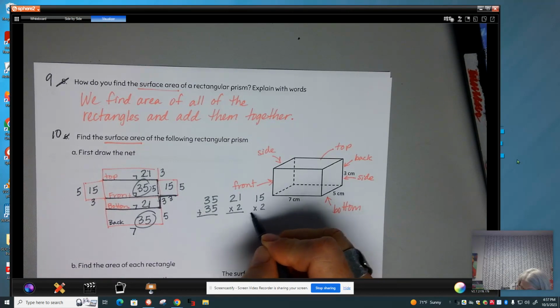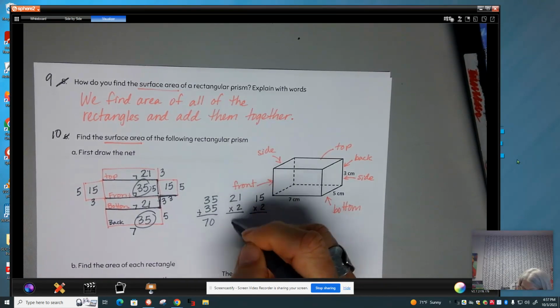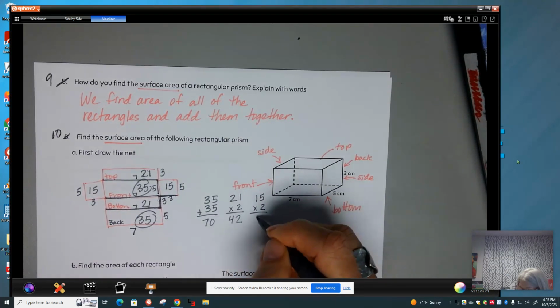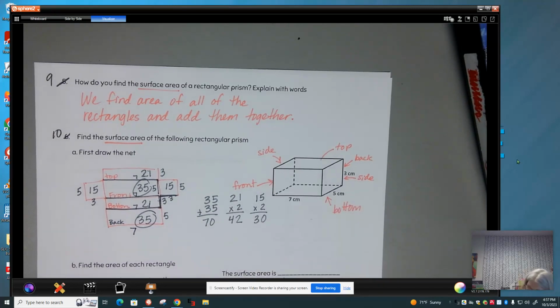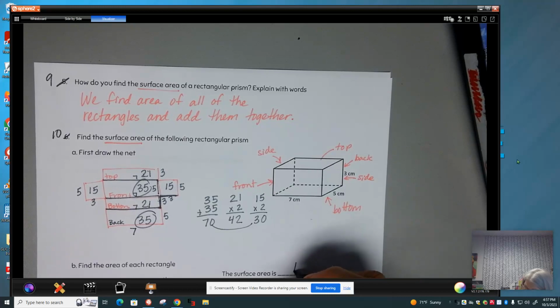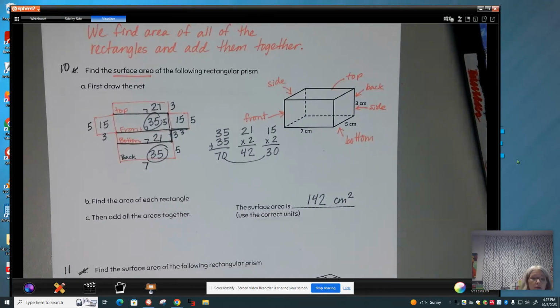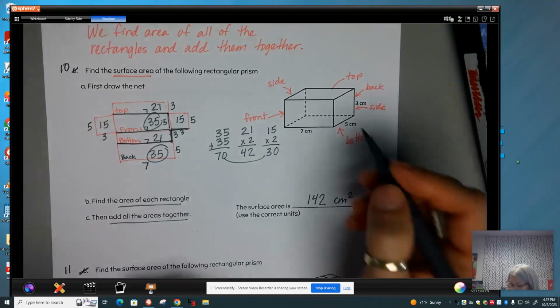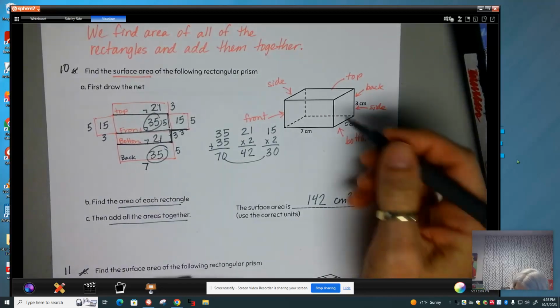I could do 15 times 2. 70, 42, and 30. 70 and 30 is 100, so I end up with 142. And this is centimeters squared because it's area. So we found the area of each rectangle and we added them all together. Now some people do it straight from the picture. You could also do that.